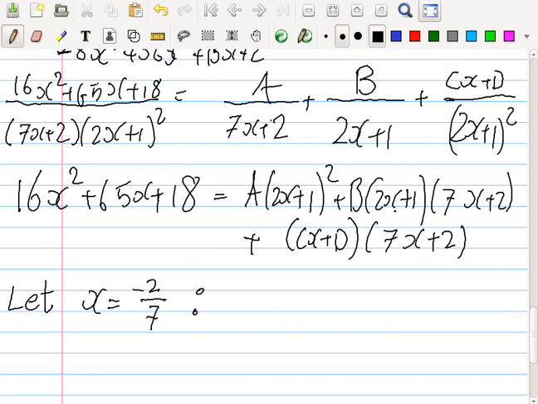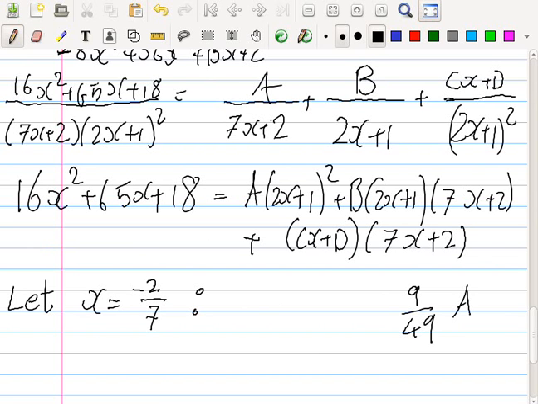Over here, if I put in x is minus 2 over 7, that goes, and I'm left with this. So, minus 2 over 7 times 2 plus 1, squared. So on the right I get 9 over 49 A, and the other two cancel.